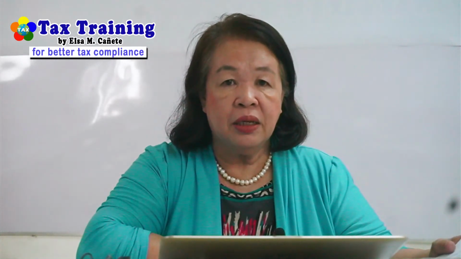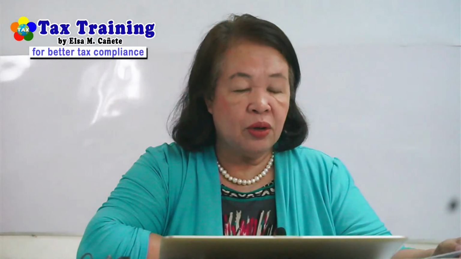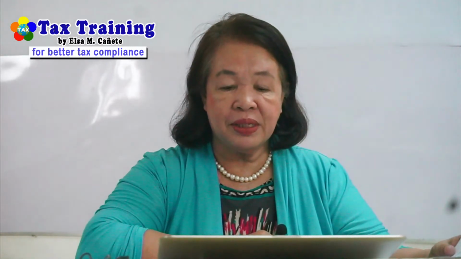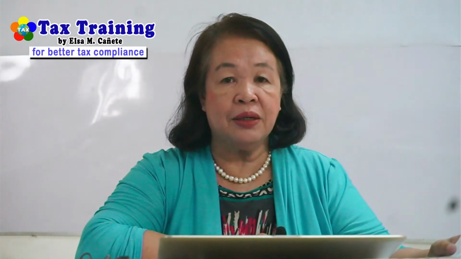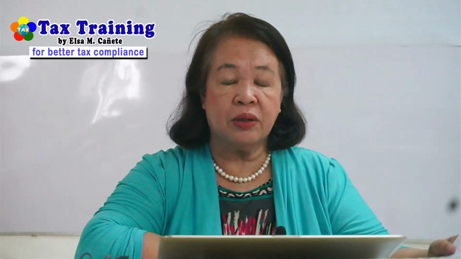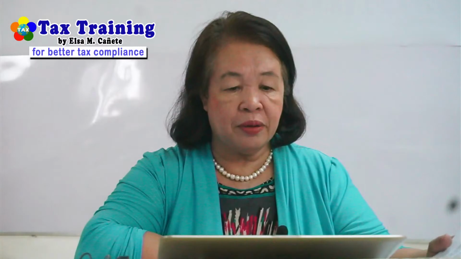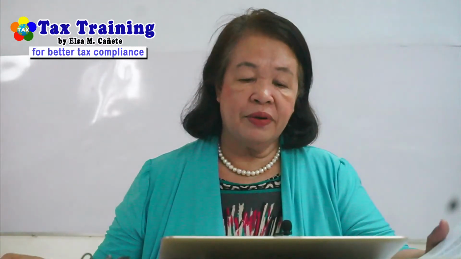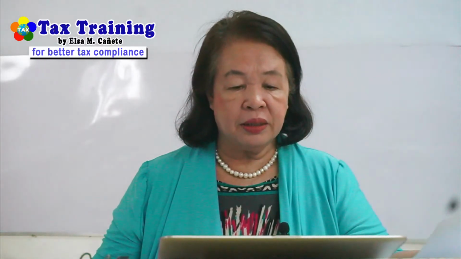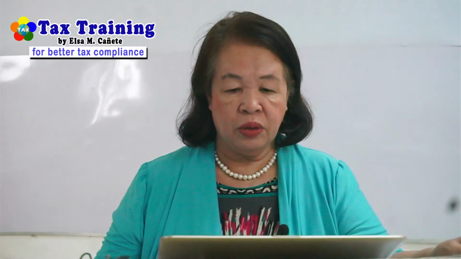It can be done through EFS, or using the old format, where you file a hard copy and have it received by the BIR, and that received stamp is tantamount to filing of the returns. Aside from that, there are other requirements that you submit in CD form. So whatever mode of submission you have, try to use only one.